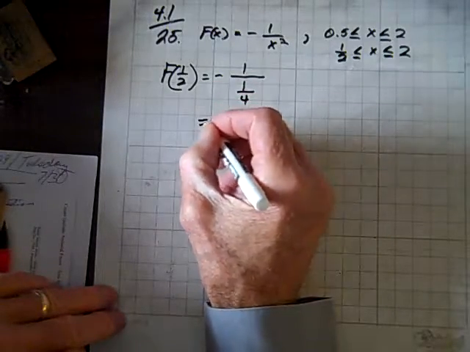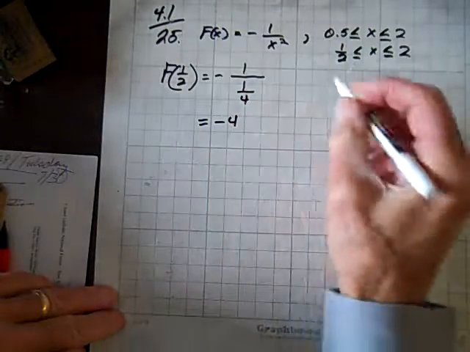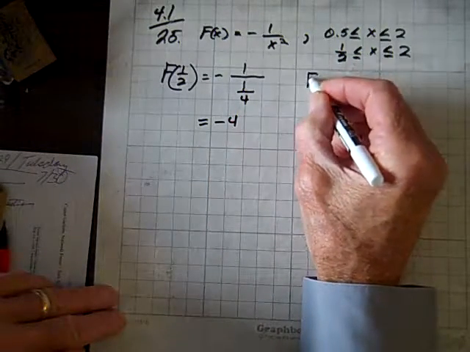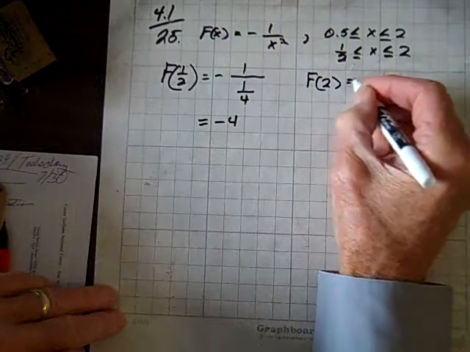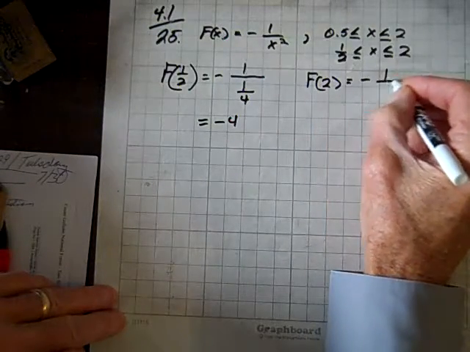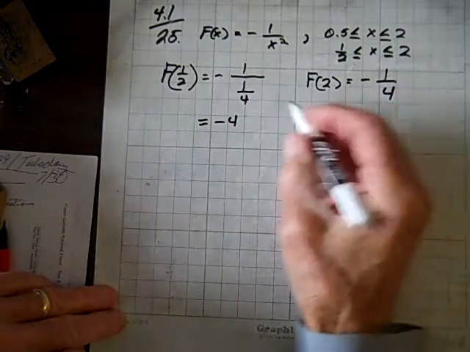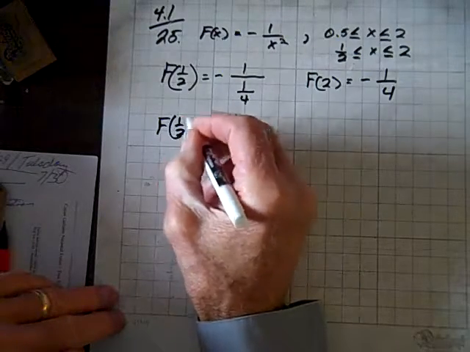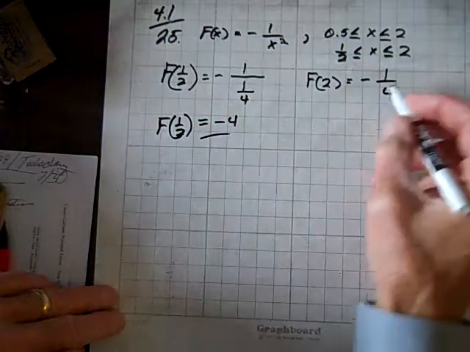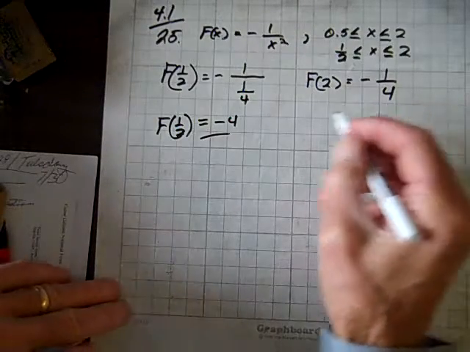Then, as you well know, when we invert and multiply, we'll wind up with negative 4. Let's evaluate f of 2. And that's going to be negative 1 over, and when you square 2, you get 4. So f of 1/2 equals negative 4. F of 2 equals negative 1/4.